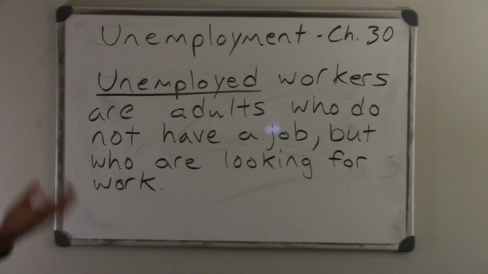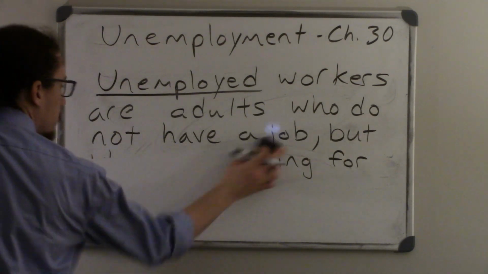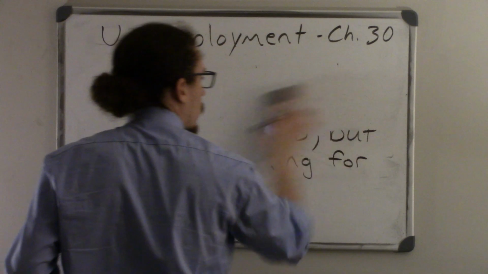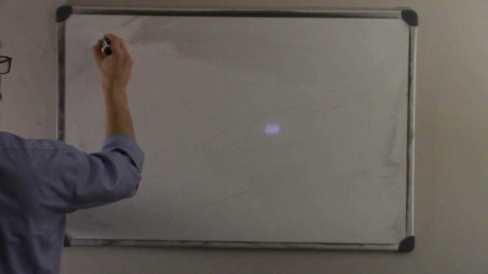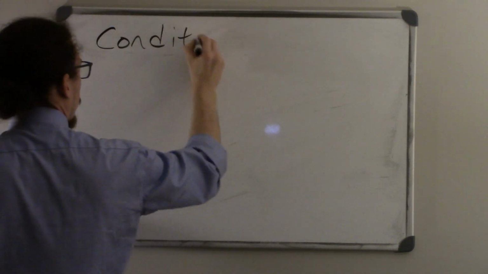The criteria, well, there are a couple of other criteria that we're going to talk about, but one of the big ones is that they have to be looking for work. There are some other conditions to be considered unemployed, especially as it pertains to calculating an unemployment rate.